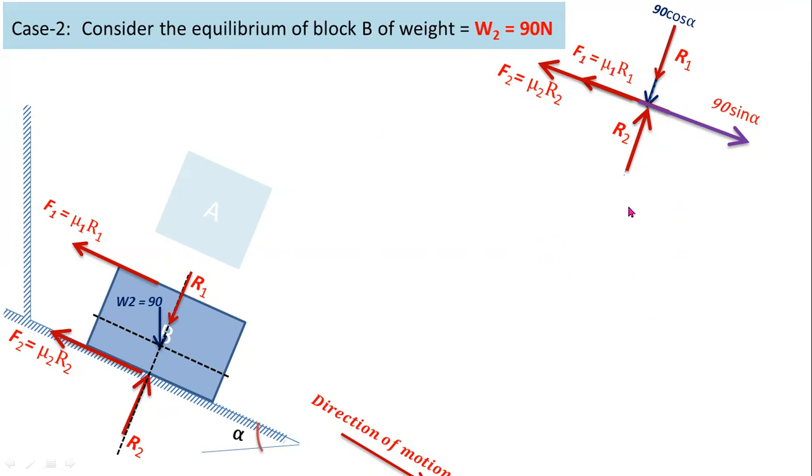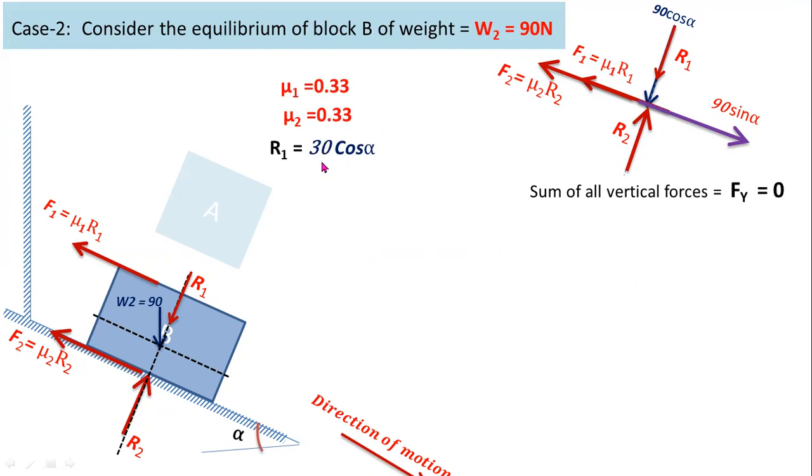Now resolve all the forces normal to the plane. Already you know from given data that mu1, mu2 are the coefficients of friction between the contact surfaces. R1 is equal to 30 cos alpha; this value is obtained from case 1.